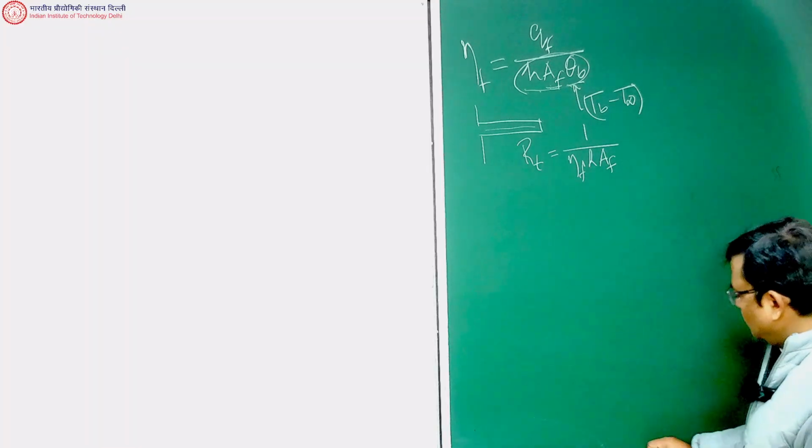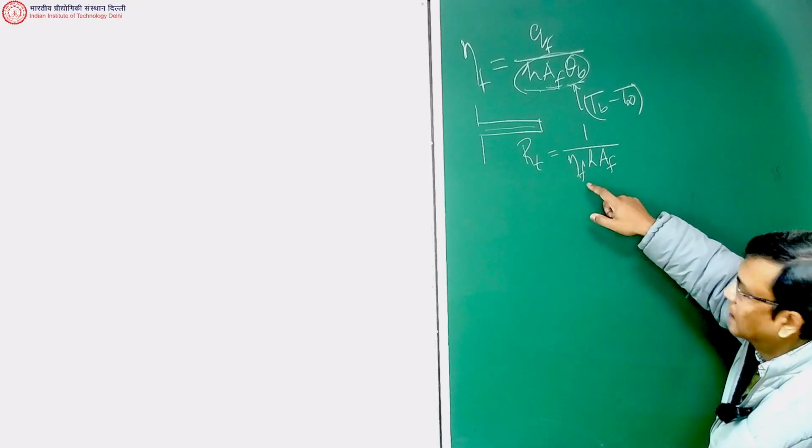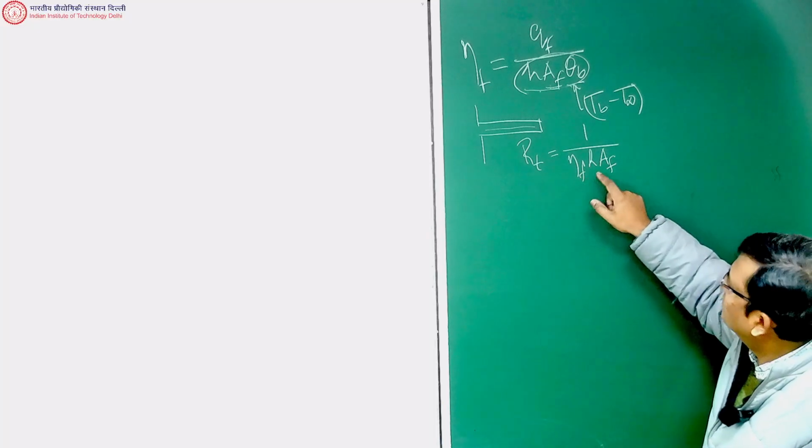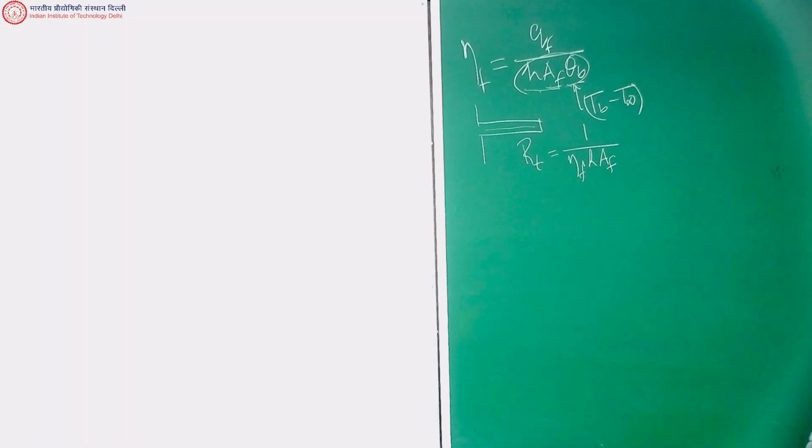So you can remember that thermal resistance is 1 over efficiency of the single fin and then HAF also, right? So based on that logic, we can define a thermal resistance of the fin array also. We will come to that.